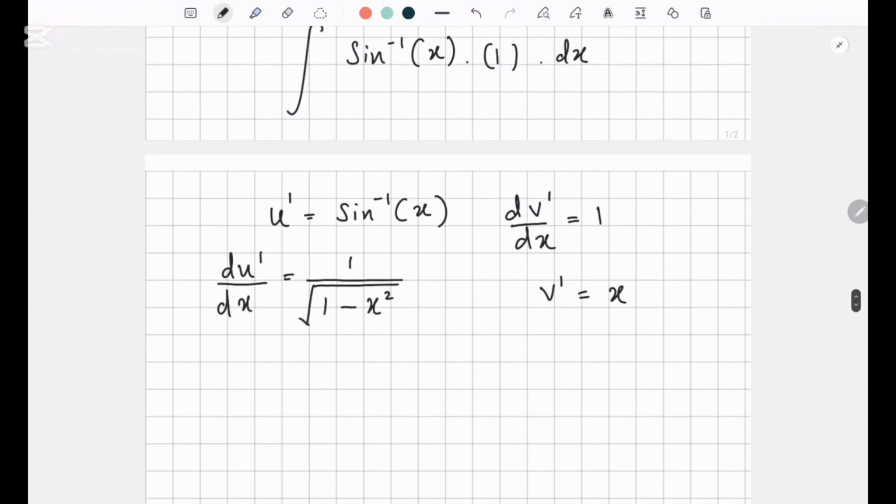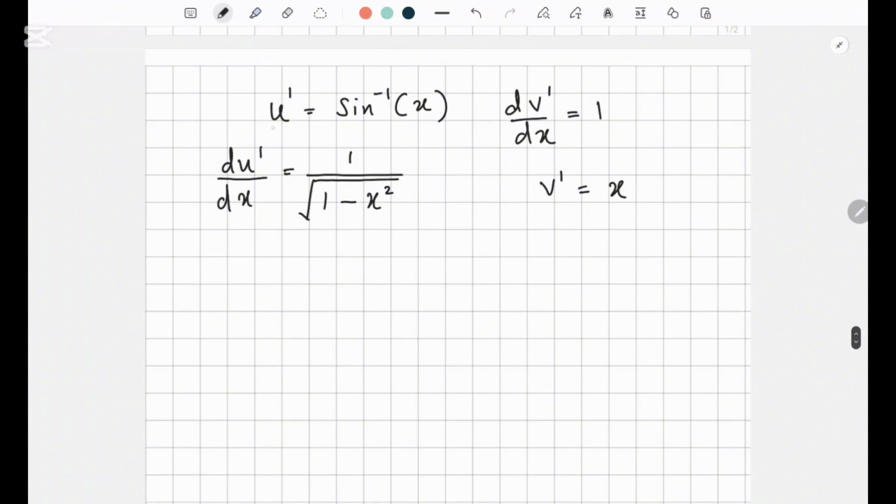So if you go back to your formula, in this case we have u dash and v dash, remember that. So u dash into v dash minus the integration of v dash into du dash over dx dot dx is your formula for this question. It's just the dash, alright?